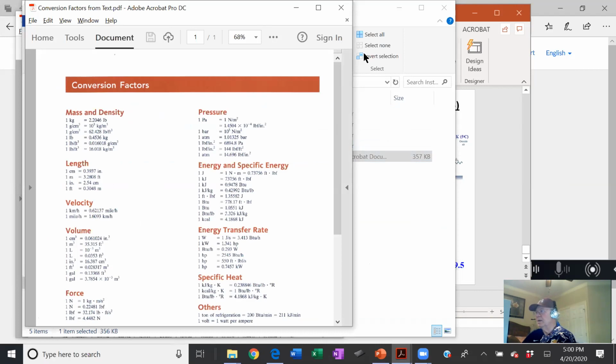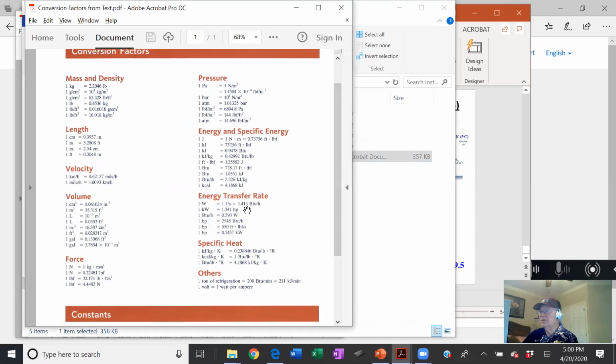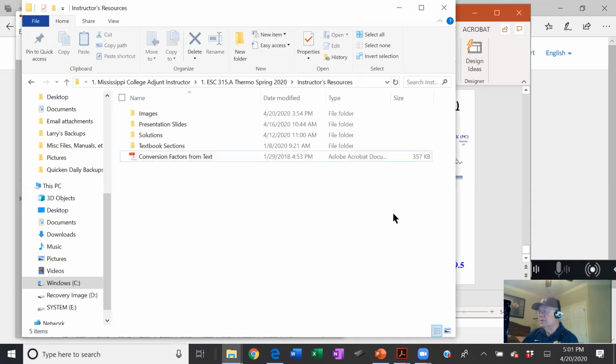I'm just about done, by the way. Okay, you're seeing it. So we have this conversion factor here we can use directly. A watt is 3.413 BTUs per hour, or a kilowatt is 3,413 BTUs per hour.